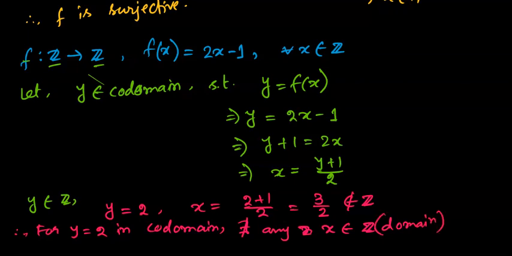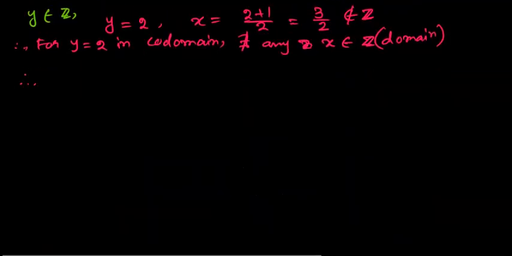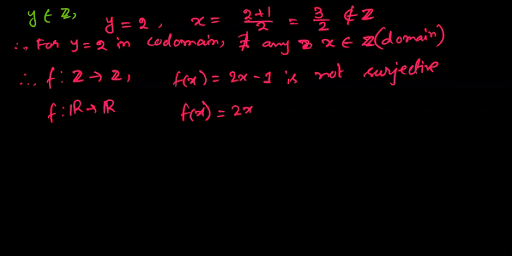Therefore, this y equal to 2 has no pre-image under this function from Z to Z. Therefore, f from Z to Z, f(x) equal to 2x minus 1 is not surjective. But when it was f from R to R, the same function, f(x) equal to 2x minus 1, it was surjective.